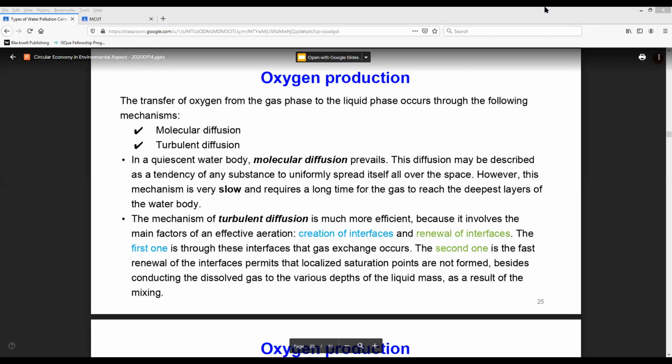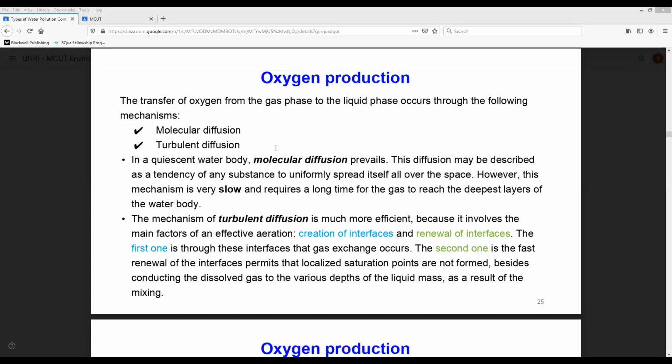So it means in the quiescent water body, the main mechanism is molecular diffusion. This diffusion may be described as a tendency of any substance to spread itself uniformly all over the space. However, this mechanism is very, very slow and requires a long time for the gas to reach the deep part of the lake.